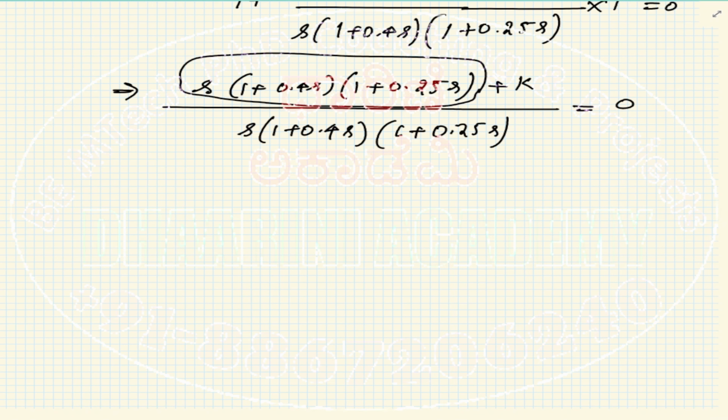Plus K will be written. Simply multiply and get the simplified format.